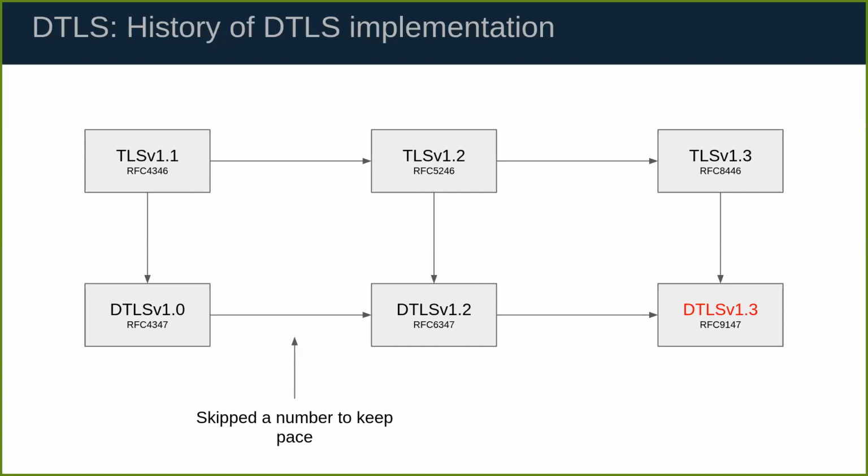Versions 1.0 and 1.2 differ mainly by the secure ciphers in 1.2, but the difference between DTLS 1.2 and 1.3 is pretty big. It's a very big step forward in security, efficiency, and features.